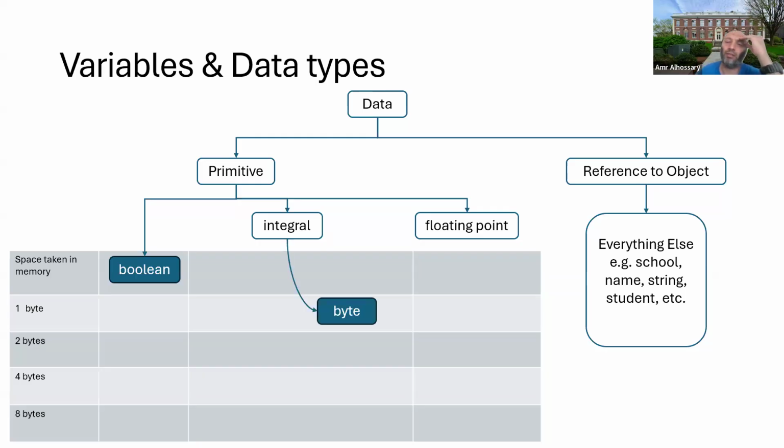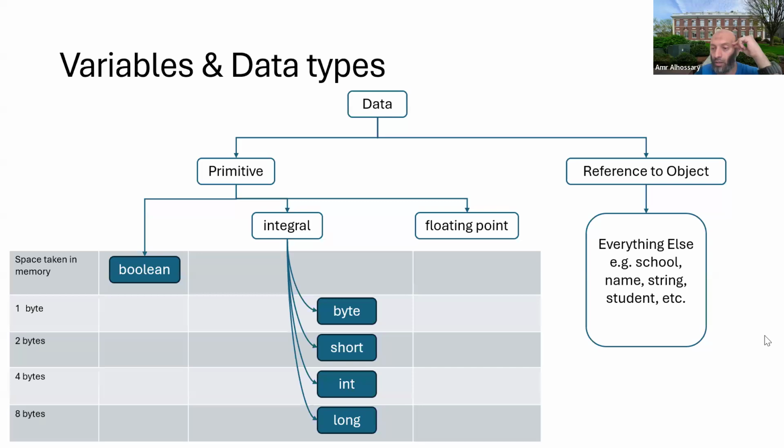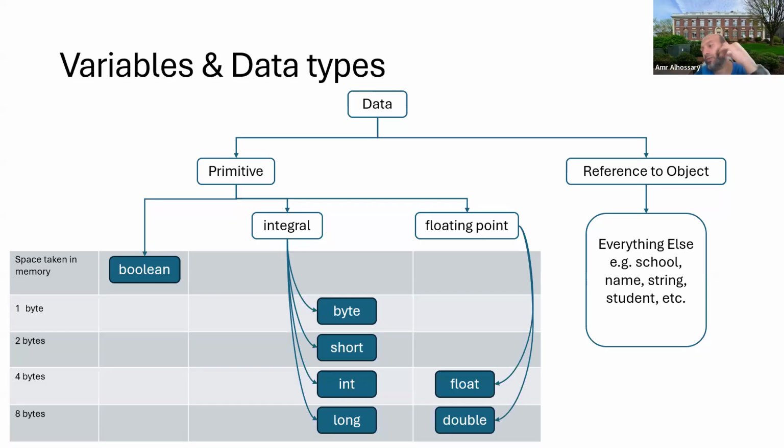For integers, we have a data type that takes 1 byte, called byte. 2 bytes called short. 4 bytes called int. 8 bytes called long. And we have floating points of size 4 bytes called float and 8 bytes called double precision. Float stands for floating point and double for double precision.